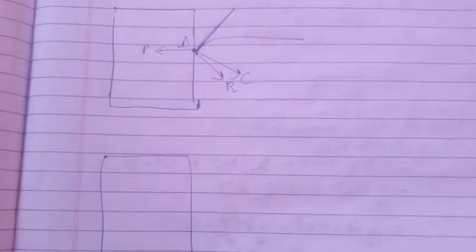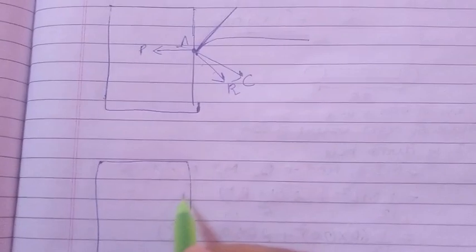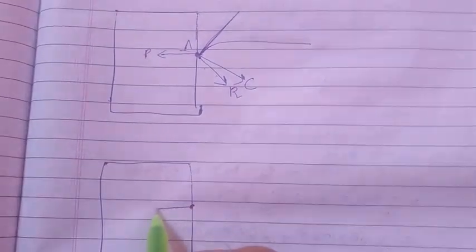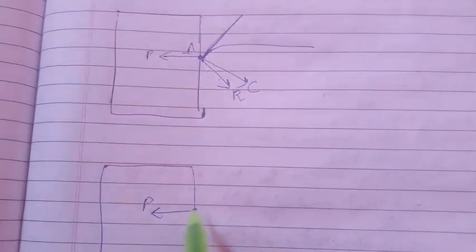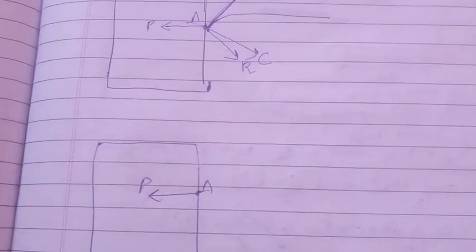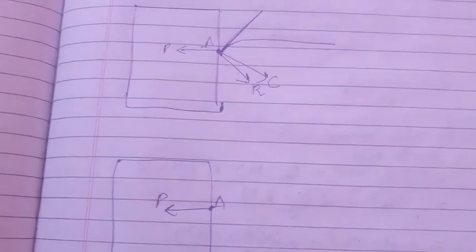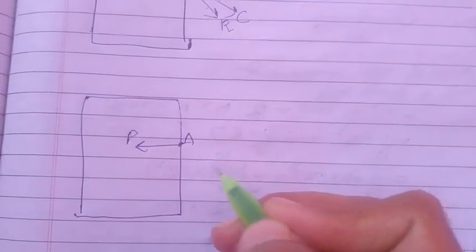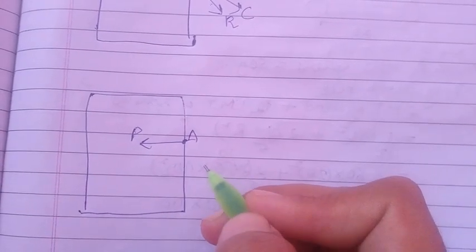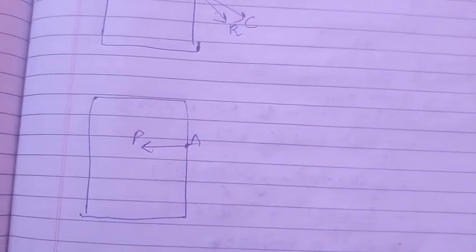Then there is one more case, that is zero angle of contact. Suppose this is a solid surface and there is a molecule A here, and this is the adhesive force, and the cohesive force is zero in this case. That's why the resultant force AR will be in the direction of AP itself.